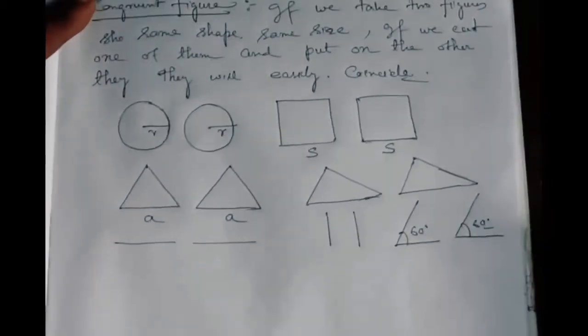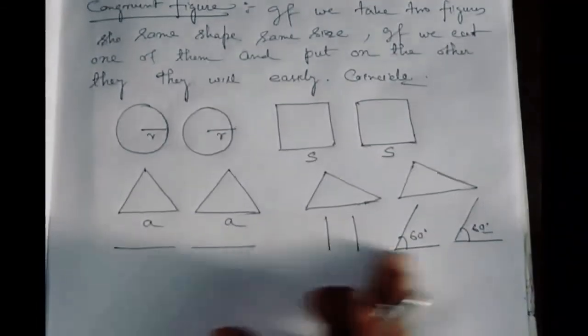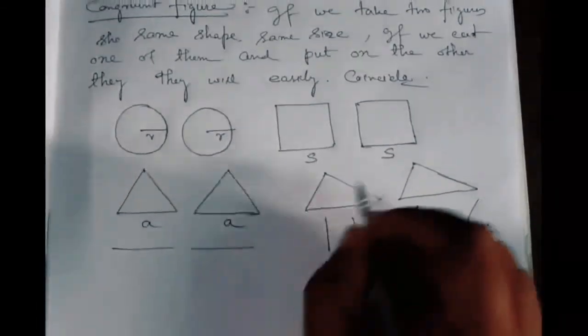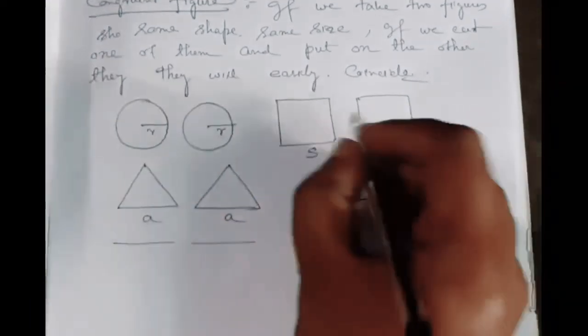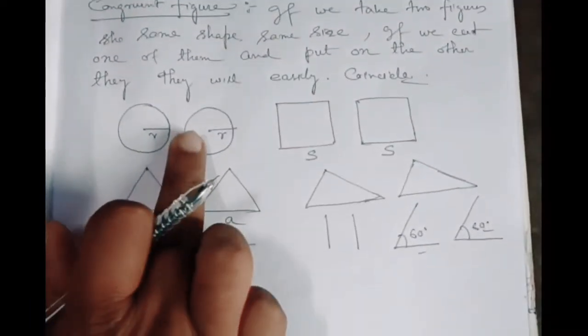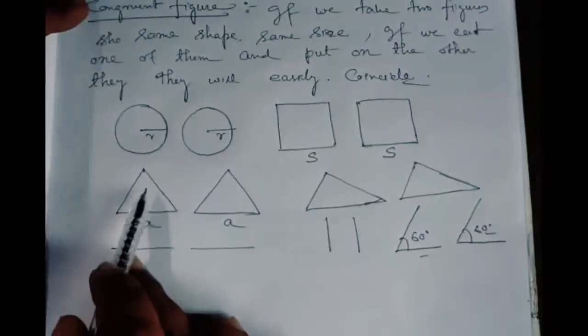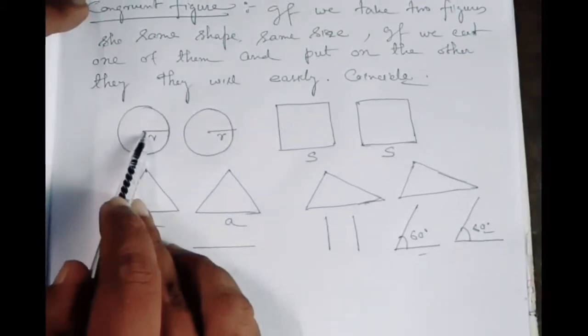So these all are called the congruent figure. These are called congruent angle, congruent triangle, congruent square, congruent triangle, and congruent circle. Understood?